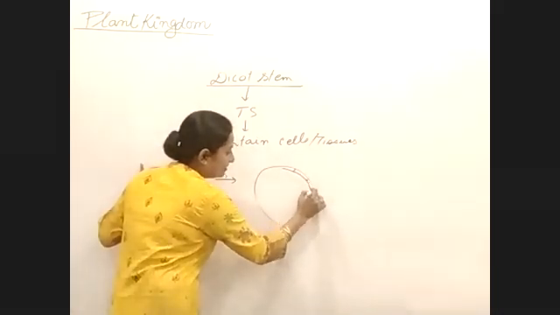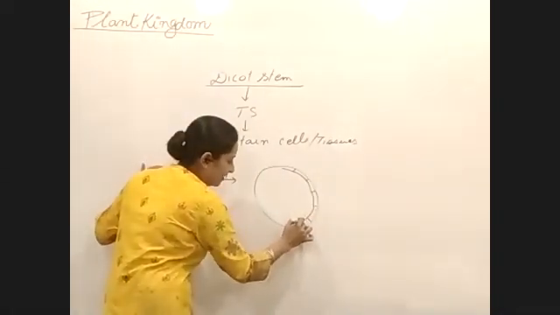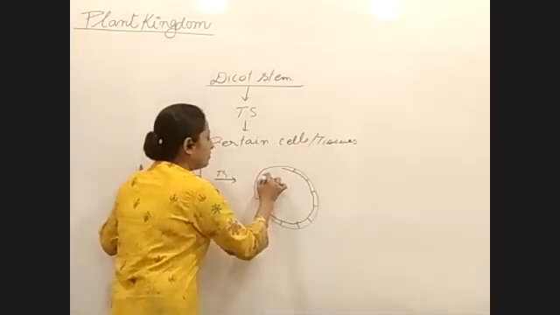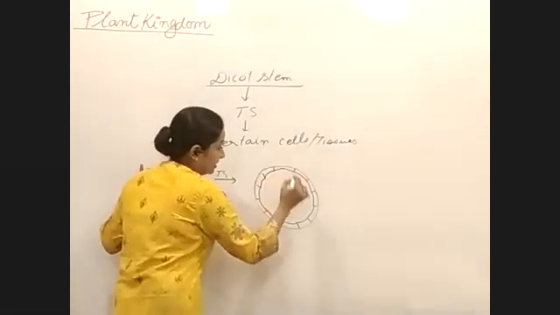We see certain types of tissues that are arranged in a proper manner, whether we are talking about a stem or certain types of roots.